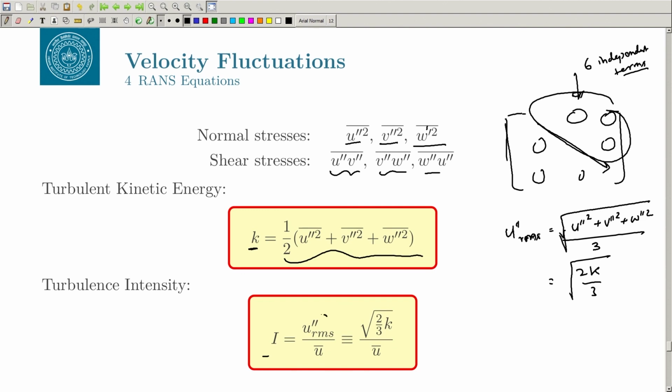So if you know the turbulence kinetic energy, you know the RMS value, and you divide it by the mean flow, and that will be your turbulence intensity. Whenever you try to solve any turbulent flow problem, you need to know the turbulence intensity. You might be doing experiments in different wind tunnels, and different wind tunnels may have different intensity.